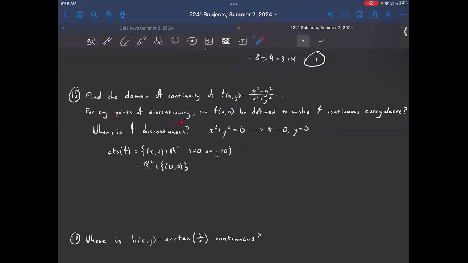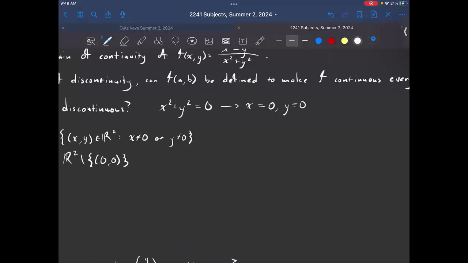So for any points of discontinuity, can f of a, b be defined to make f continuous everywhere? Okay, so can I just choose f of 0, 0 to be equal to something so that f is continuous?